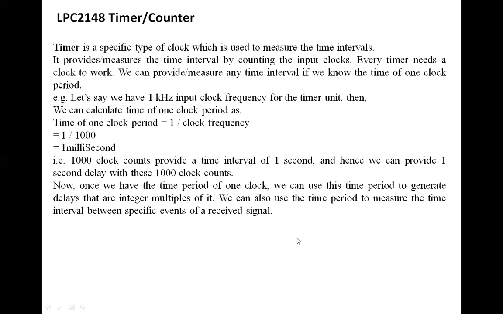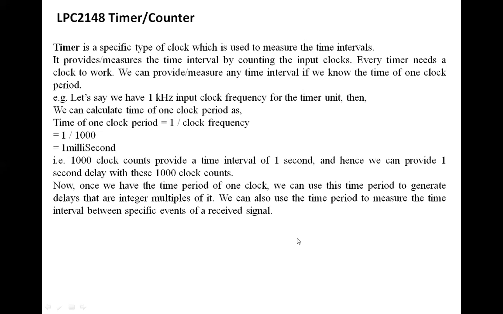Most commonly it is used for that, as well as to give a delay. It measures the time interval by counting the input clocks. Every timer needs a clock to work. We can provide or measure any time interval if we know the time of one clock period.